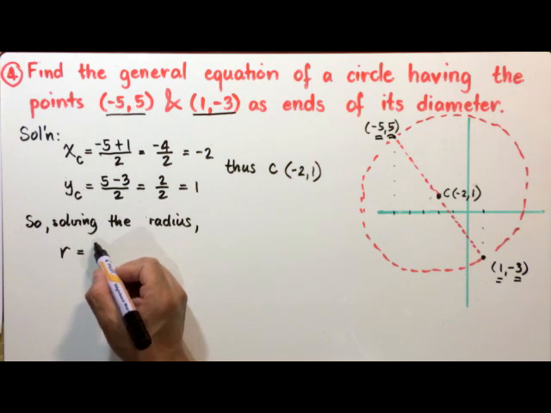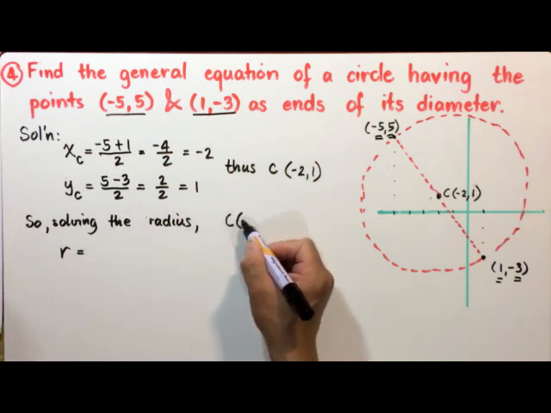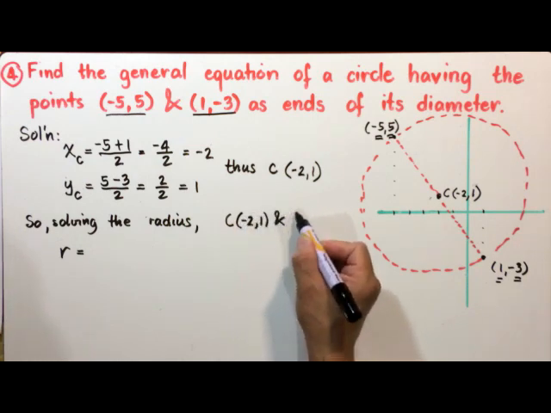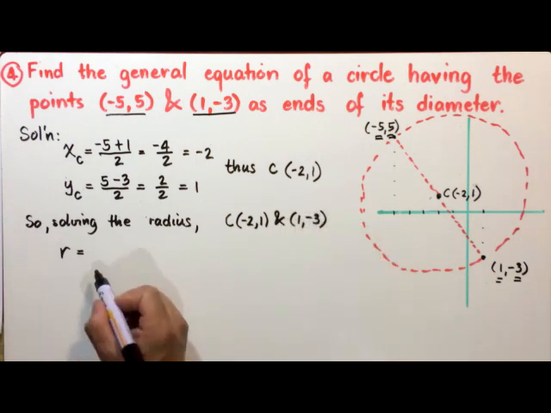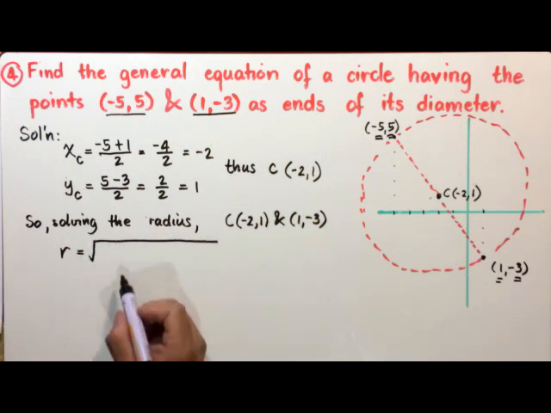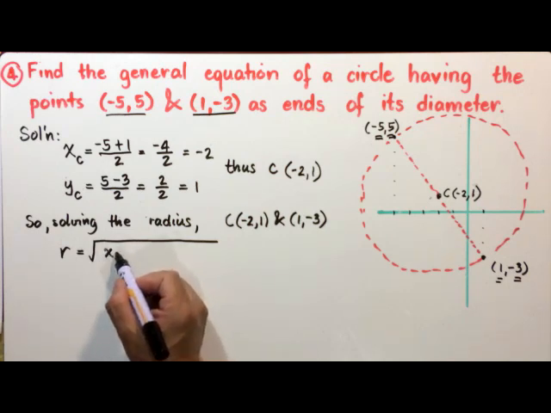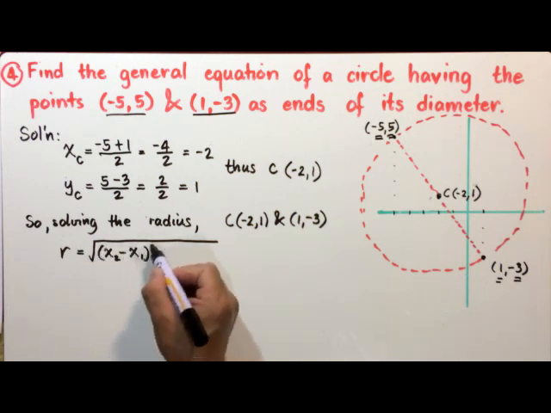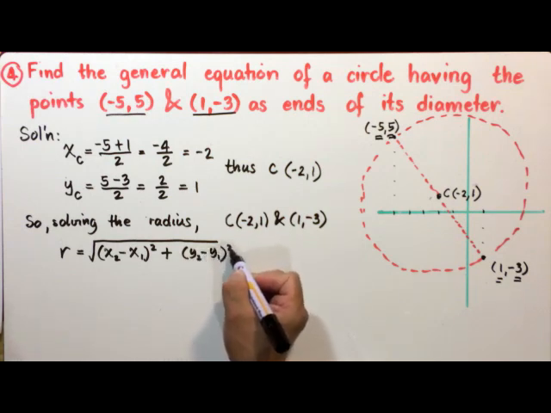So what point? The center, which is (-2, 1), and the point (1, -3). Using the distance formula, r is equal to the square root of (x sub 2 minus x sub 1) quantity squared plus (y sub 2 minus y sub 1) quantity squared.